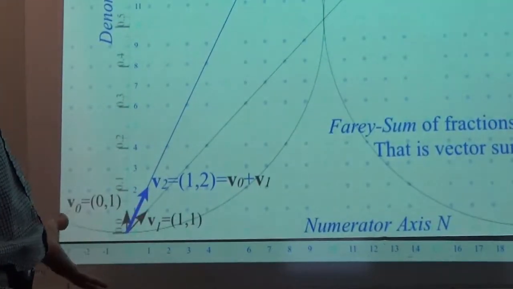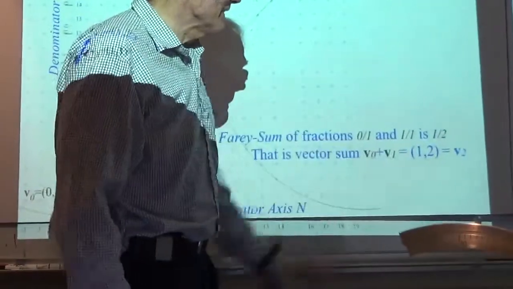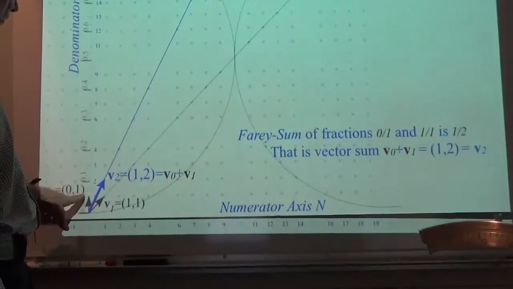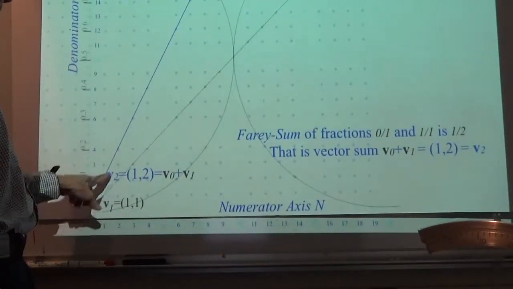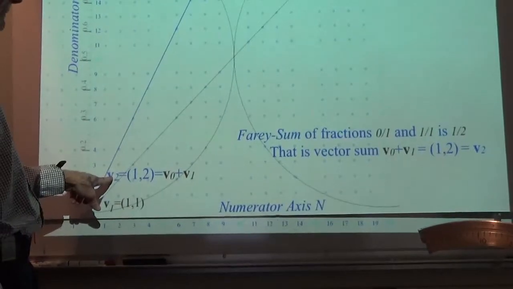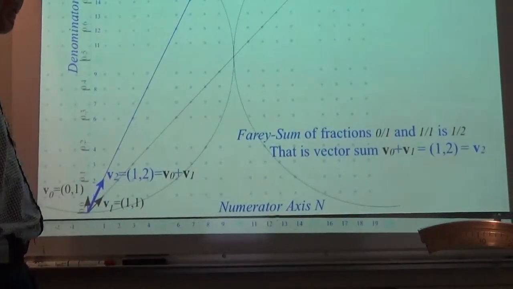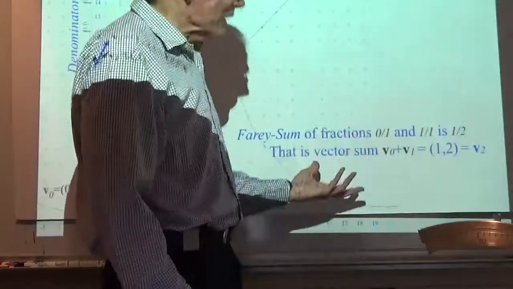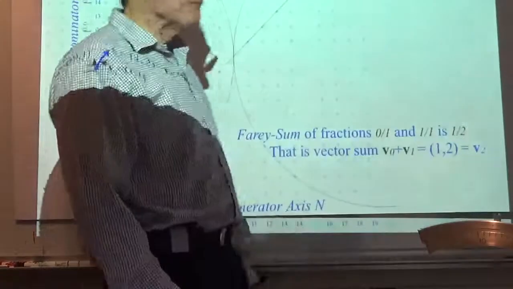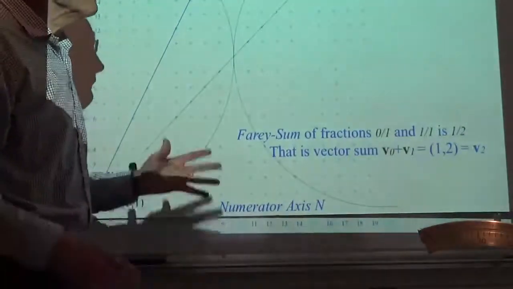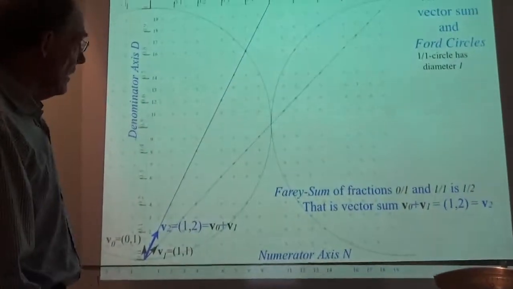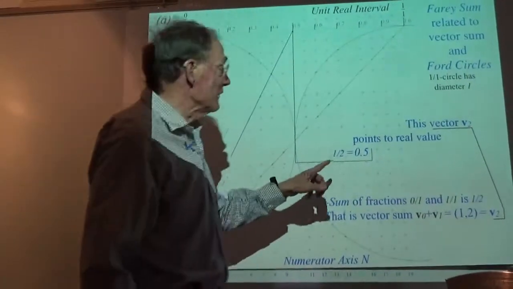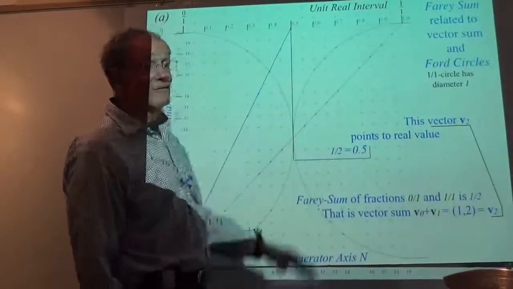Well, Farey sum is a vector sum. If I take the sum of V0, that's this guy, and V1, I get this guy. Right? 0, 1, and 1, 1, Farey sum. That's a vector sum, 1/2. Okay? So the Farey sum is not so exotic. It's just a vector sum in the universe of fractions. And this vector points to 1/2.